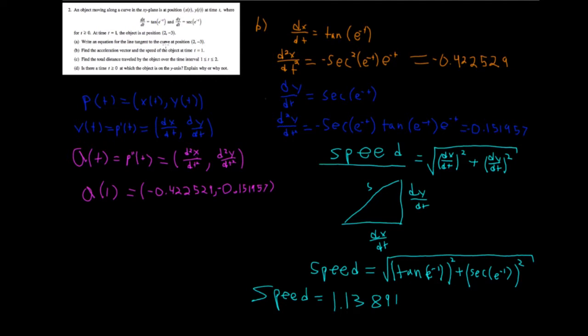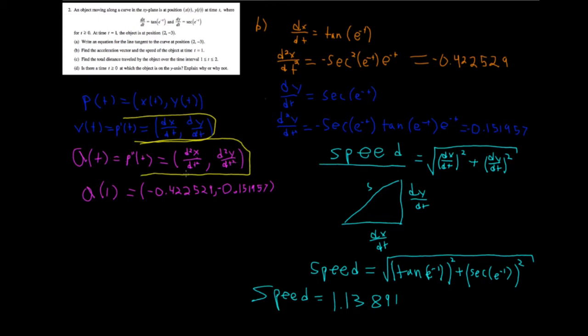And from that, we figured out that the velocity vector would be dx/dt, dy/dt, because it's the first derivative of the position, which gives you velocity. But if you take the second derivative of the position, you get the acceleration. So d2x/dt squared, d2y/dt squared is going to be our acceleration vector.